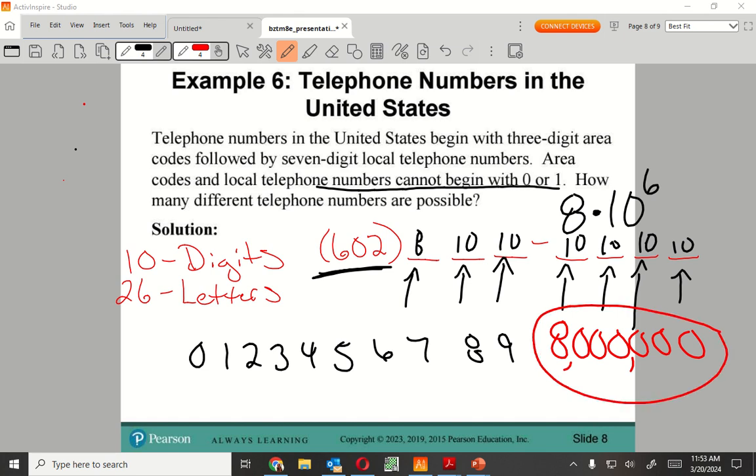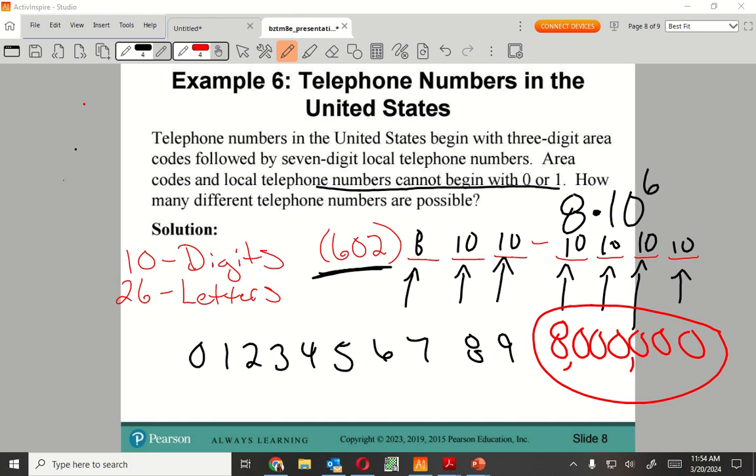So, just for this 602 area code, how many phone numbers could we have? 8 million. But in Phoenix, we actually have a couple of common ones. We also have 623, right? And 480, right? There are other combinations.